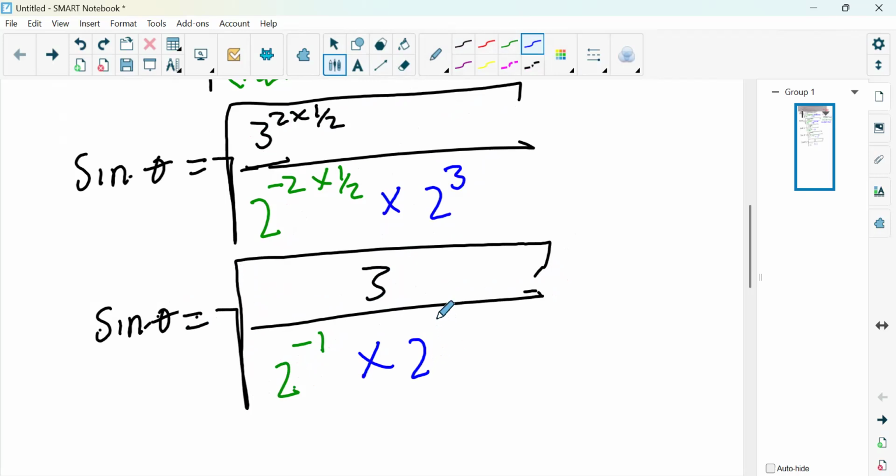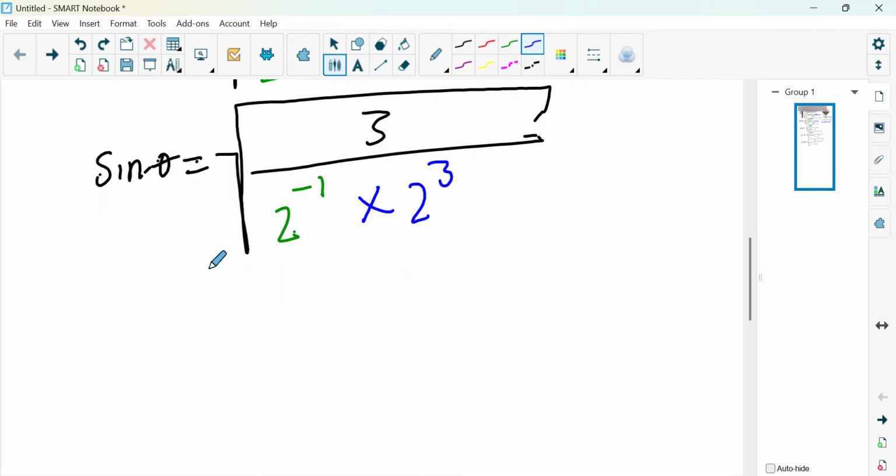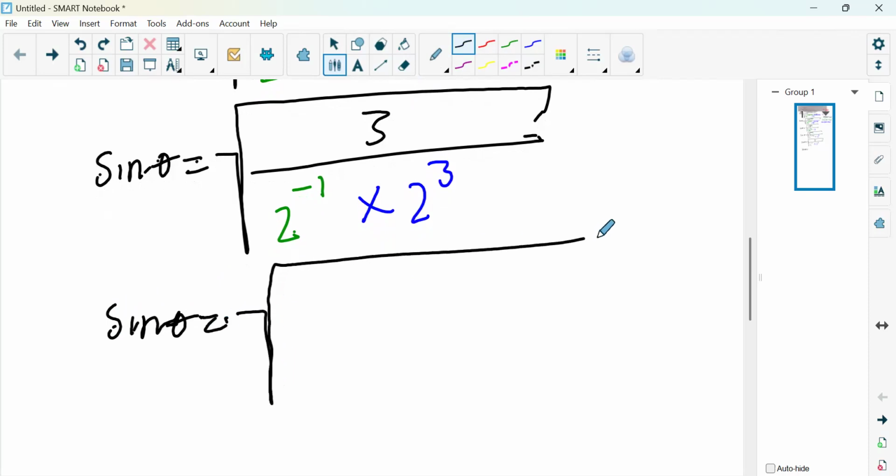Here you can simplify this because the bases are the same. If bases are the same and you're multiplying, you simply add the exponents, so we're left with 2 to the power 4. That means sine of theta is equal to the root of 3 all over 4.